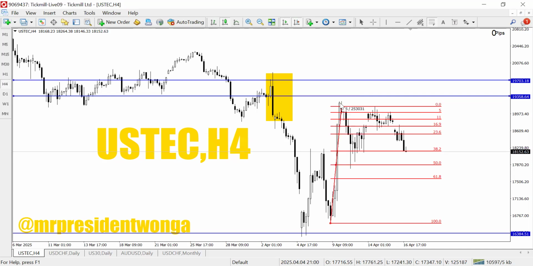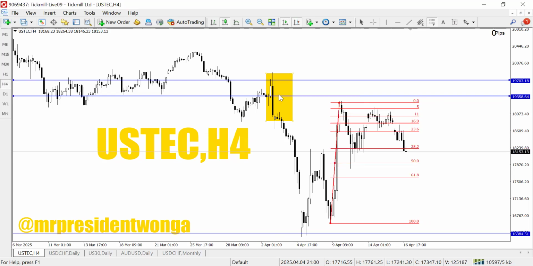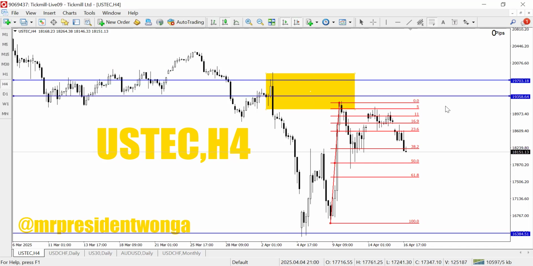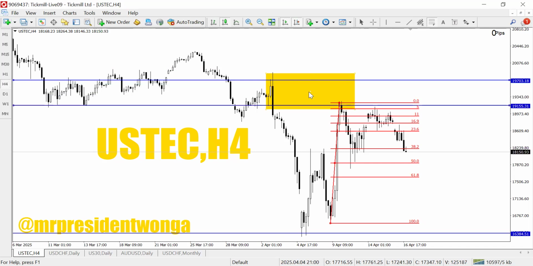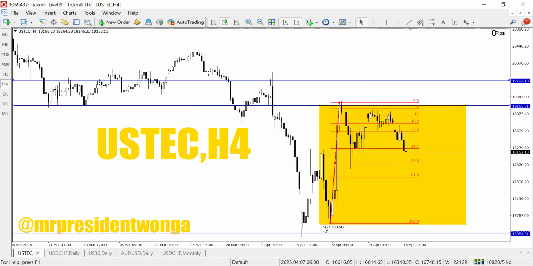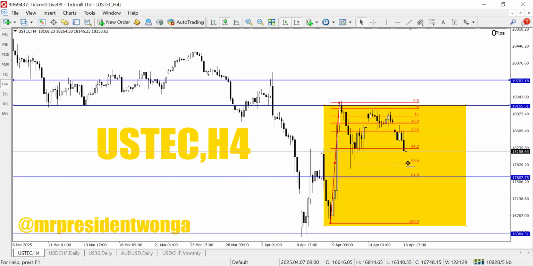So in this case, the price of US Tech has been an increase of so much. Obviously, I think you can mark this level, a significant level that has reacted. But in terms of the price, it went bullish, okay? So the 50 and the 60 is there.